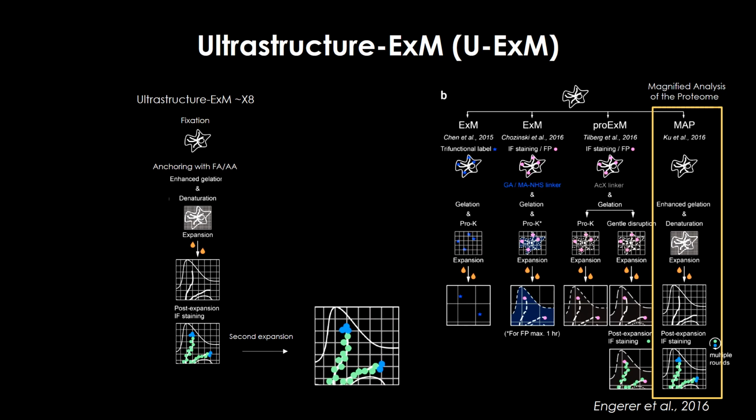But the problem is, because of the chemical and heat digestion and denaturation of the gel, some of the antibodies won't work for this technique, because the epitopes change their 3D structure, and some antibodies won't recognize the proteins.